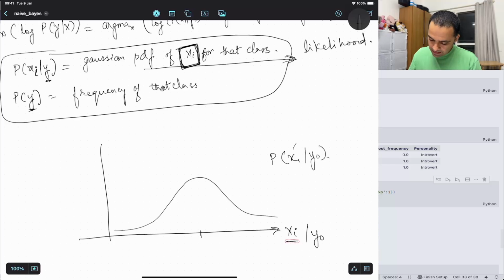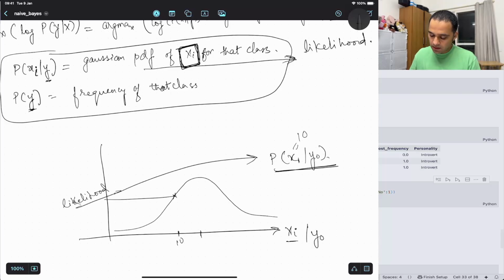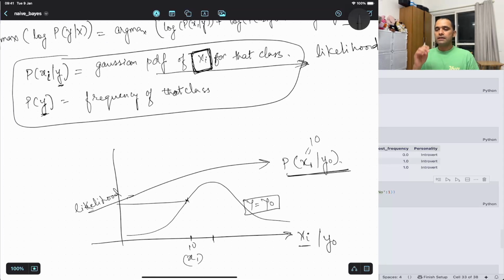Let's say the x1 value is 10, and 10 comes somewhere here. This particular value is the likelihood, which gives the term probability of x1 given class is y0. That is how we'll have to approximate for each class, using the samples that belong to that class, and for each feature.